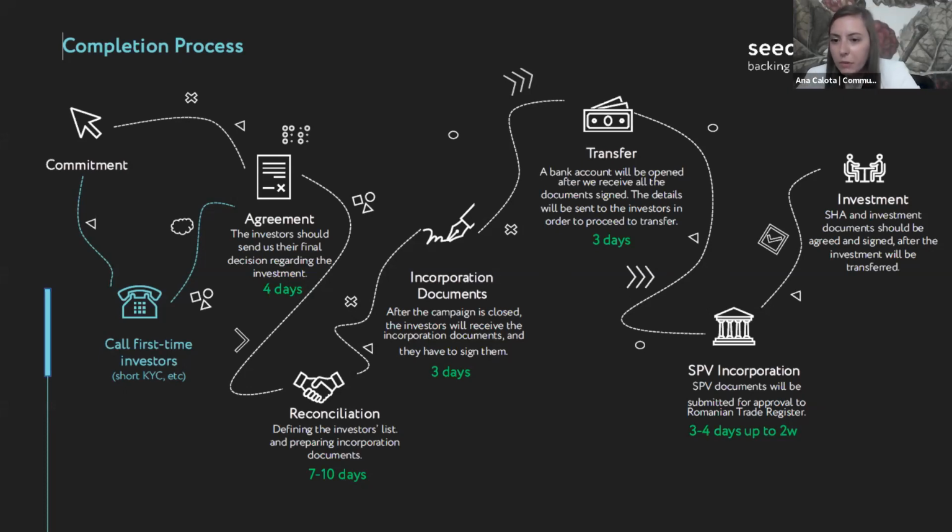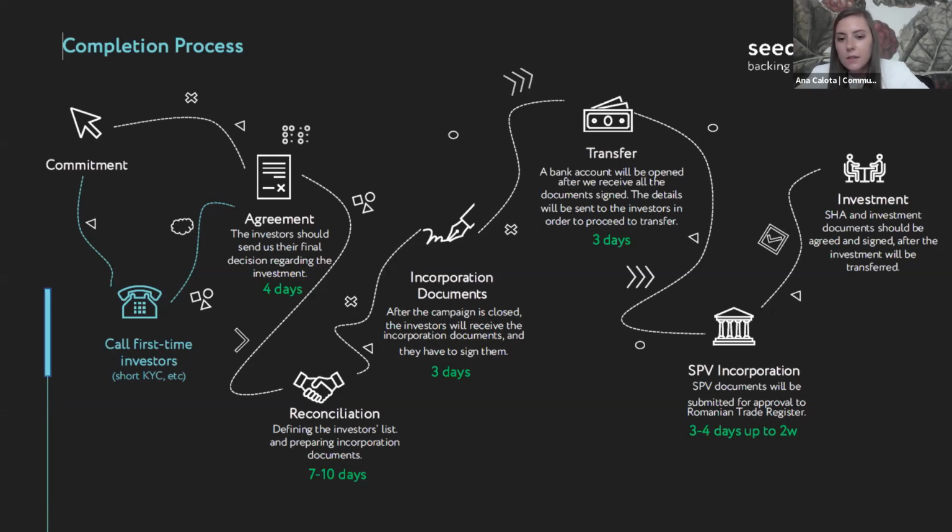Sorry, can you repeat? Yeah, sure. Just to clarify, that is the same. The process, yes. The process is the same. The structure of the SPV is settled at the beginning, at the incorporation stage, and the percentage owned by each investor is established according to the invested amount.